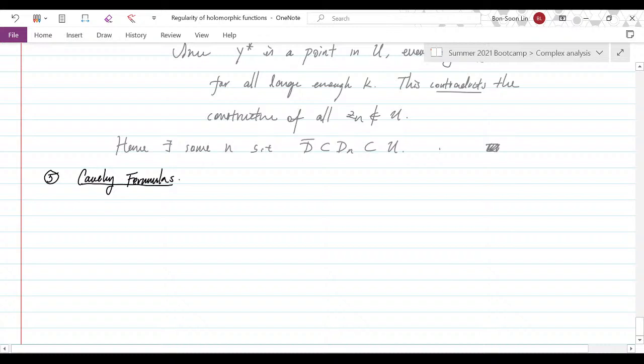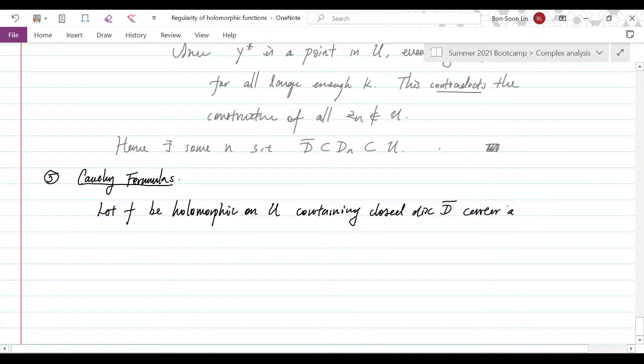Okay. So Cauchy formula basically is this. Let F be holomorphic on some open set U that contains some closed disk D bar, center at Z0.